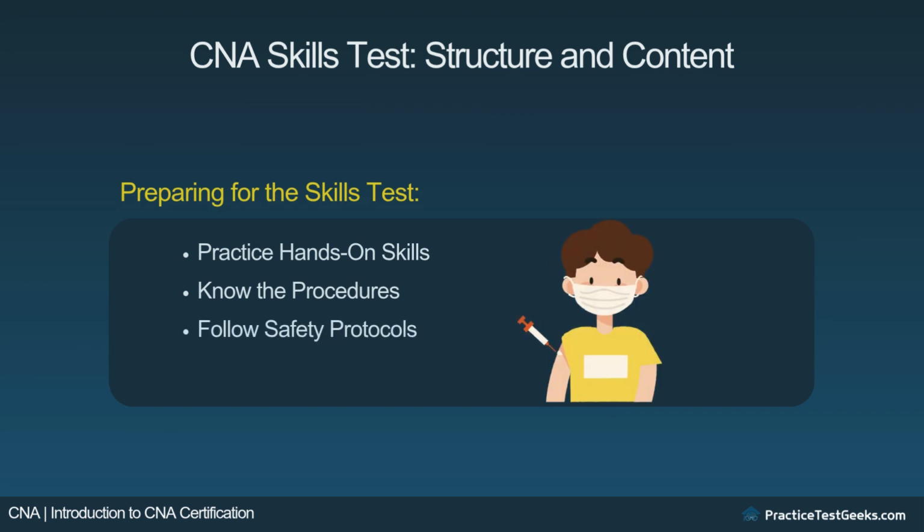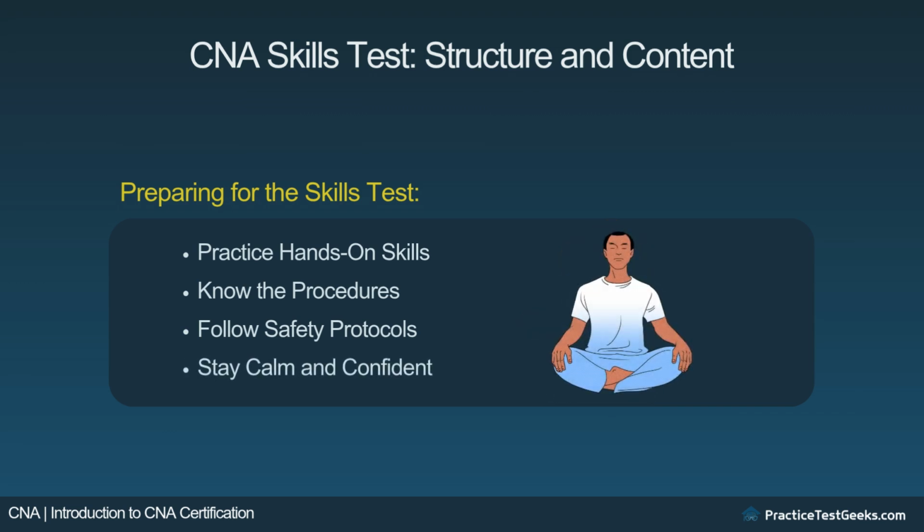Follow safety protocols. Demonstrate an understanding of safety precautions for each task, like proper use of PPE, correct body mechanics. Stay calm and confident. Practice staying calm during the exam. If you make a mistake, correct it immediately.